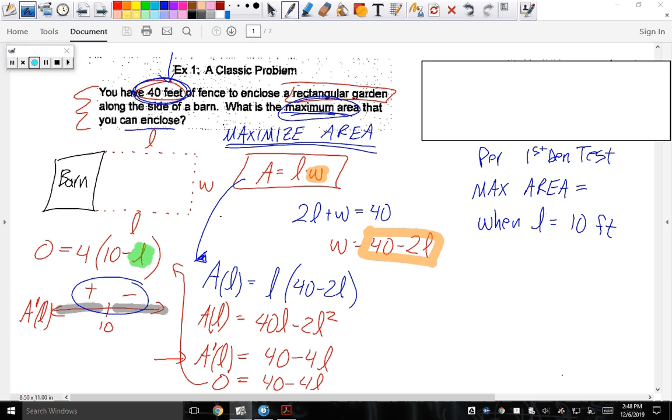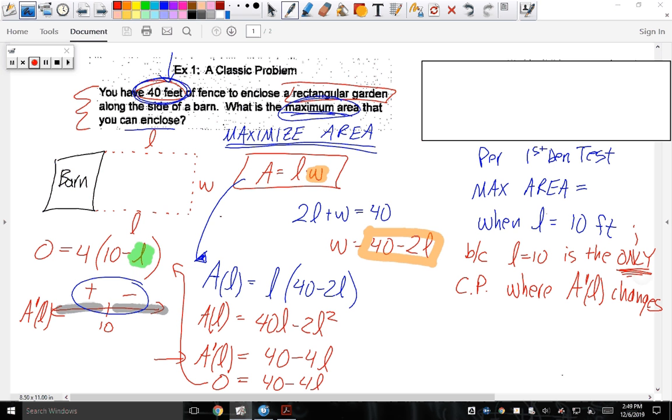You're going to say, because L equals 10 is the only critical point where A prime of L changes from positive to negative.